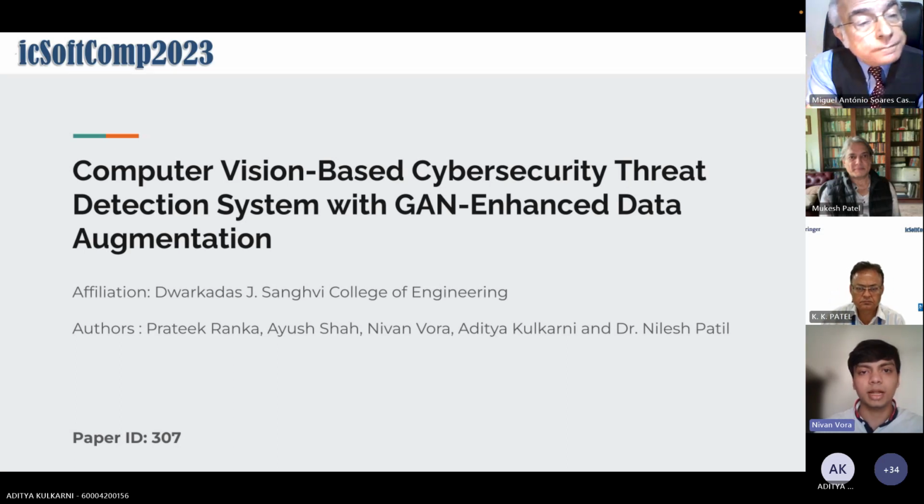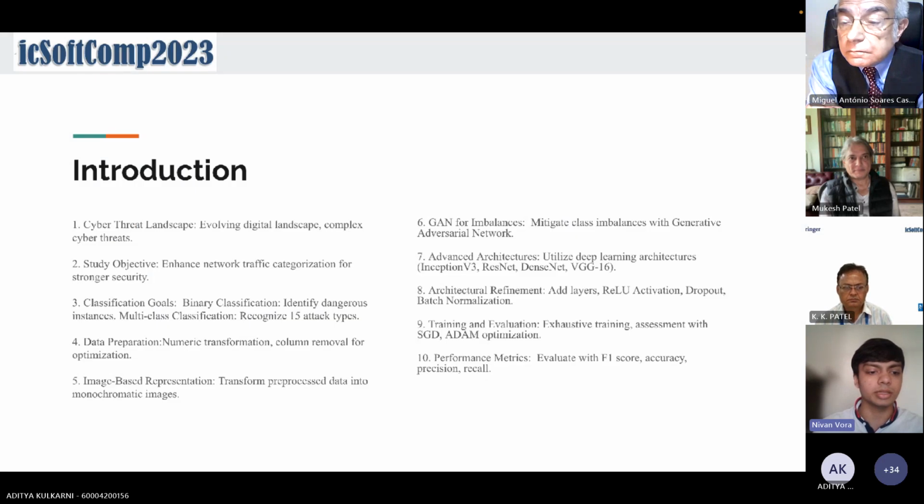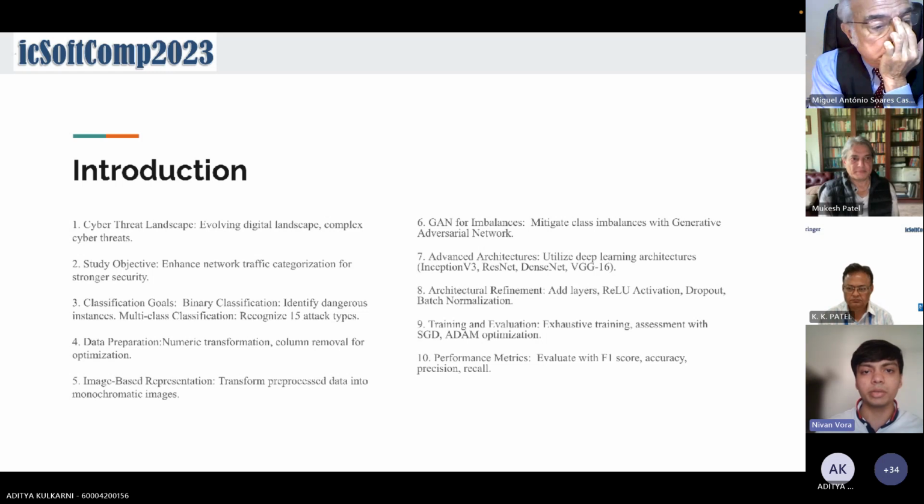So just to start with the introduction. Evaluating the global landscape, we've noticed two things: cybersecurity mechanisms have developed, but simultaneously the threats have also increased at a considerable pace, right?